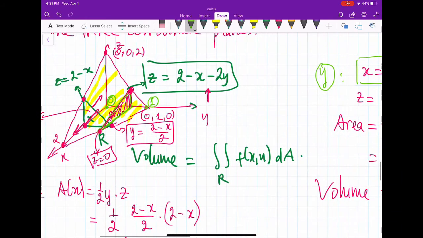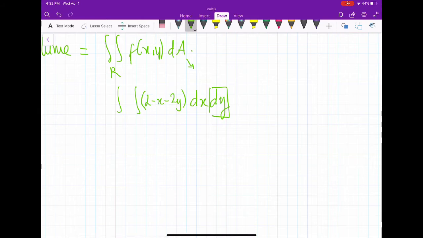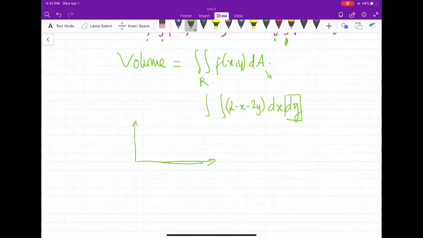If you fix y, then x will go from where to where? x will go from 0 to this point. Let me draw that separately. So here's the triangle in the xy plane. This is 2 and this is 1, and we have a triangle like this.